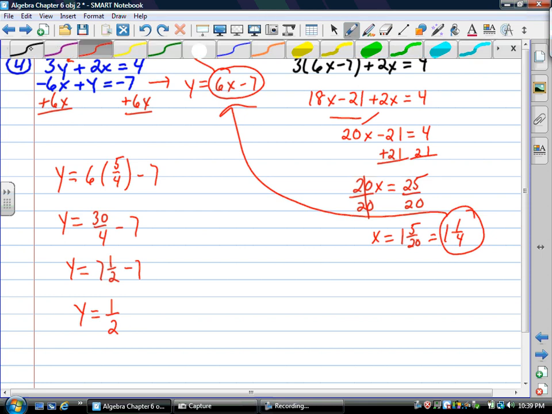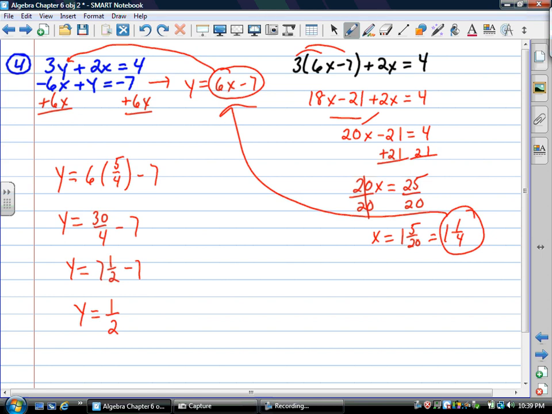So, let's do it. I know that it's going to work already with the second equation, because that's what we'd use to find y. It's got to work for this first equation. So this is going to be 3 times whatever y is, that's 1/2, plus 2 times whatever x is, 5/4, that's got to be equal to 4.